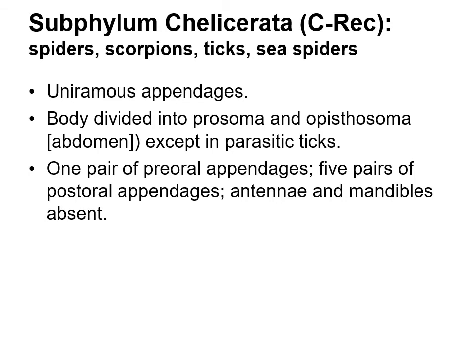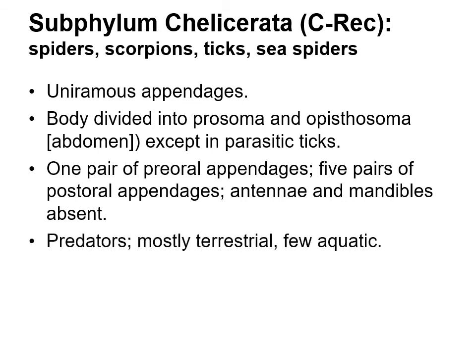Spiders have their mouth parts and a very specialized subset of mouth parts, and then 8 legs past that. These are obviously all predators, mostly terrestrial, though we do have a few aquatic ones, such as sea scorpions, or sea spiders, excuse me, but spiders, scorpions, and ticks are all predatory or at least parasitic.